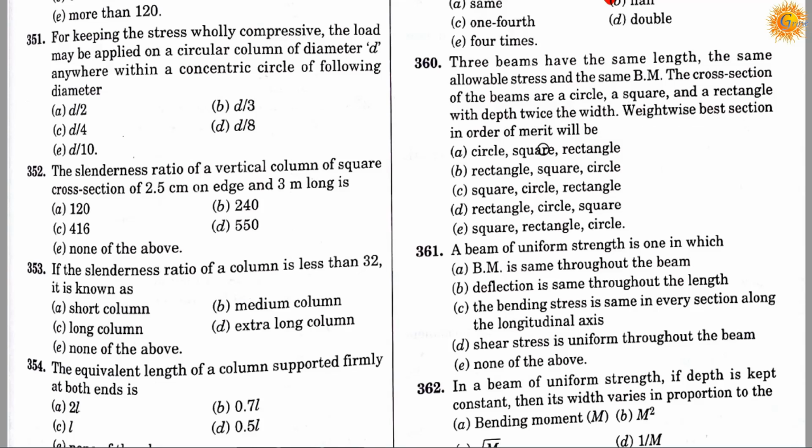The weight-wise order of merit of the sections will be: option A, circle, square, rectangle; option B, rectangle, square, circle; option C, square, circle, rectangle; option D, rectangle, circle, square; option E, square, rectangle, circle. The correct answer is B, it will be rectangle, square and circle.